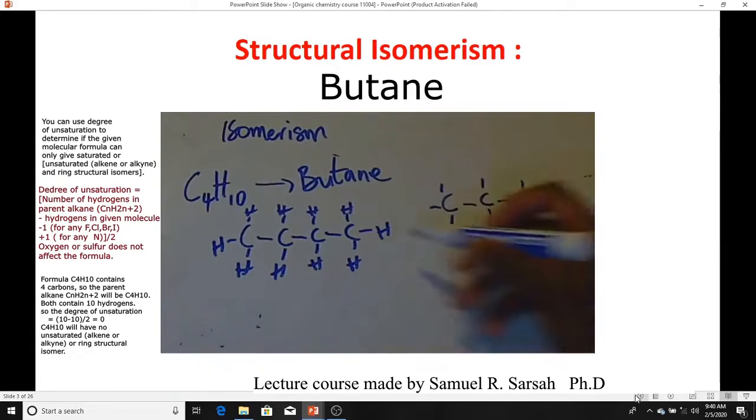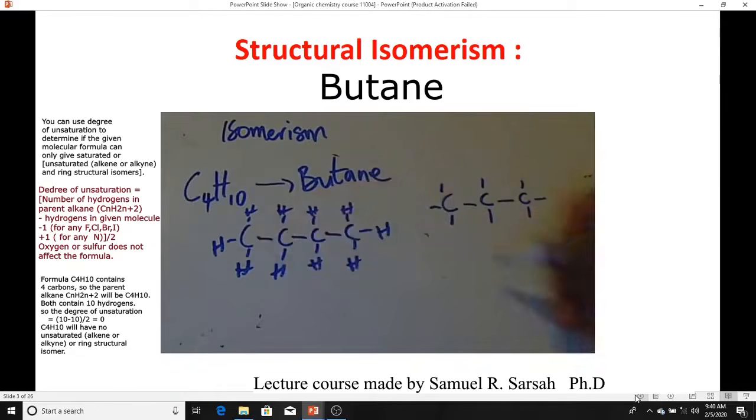Now I'm going to, instead of putting all the carbons in a straight chain, put another carbon here. So long as the carbons have 4 bonds connecting to 4 different atoms, it's fine. We still have an alkane and it's saturated. Now let's put our hydrogens here.